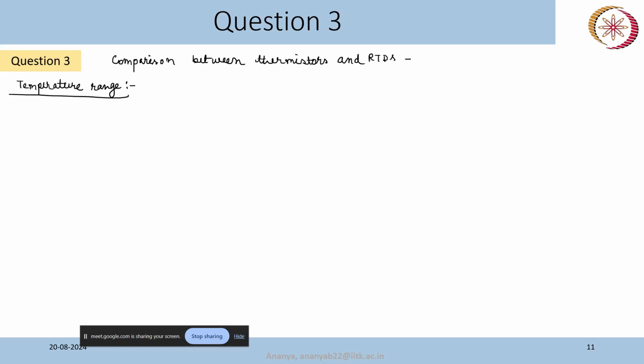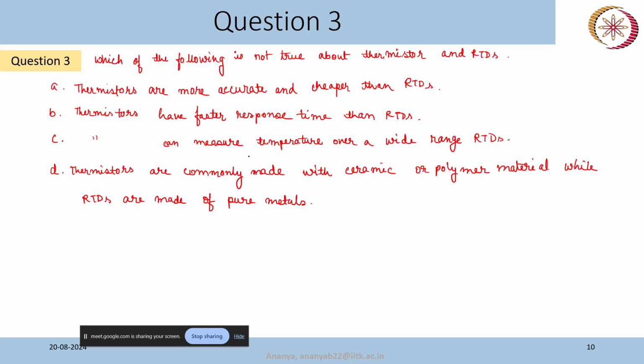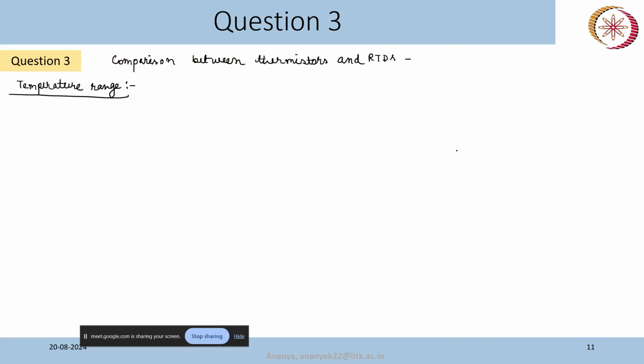If you compare thermistors and RTDs with respect to the working temperature range, then thermistors are typically used for lower temperatures, because the materials generally used in thermistors can be ceramic or polymer material, or different combinations, like the composition of the material can be different. Those materials normally cannot sustain higher temperature compared to metals.